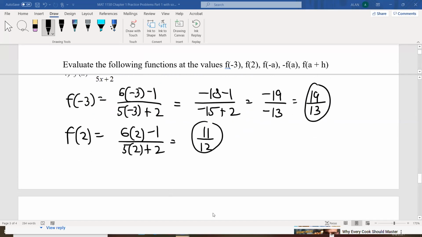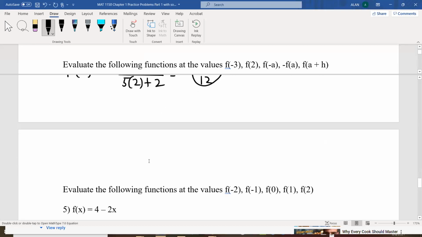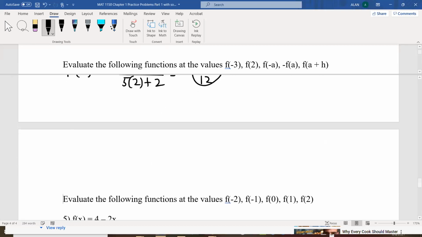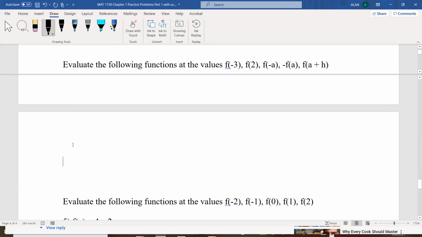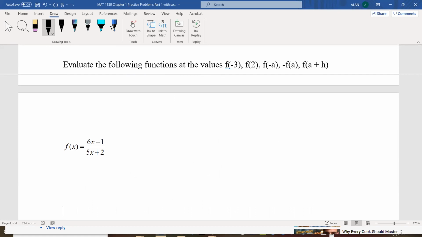All right. I have to be careful with this one. I'll tell you what, I'm just going to copy this onto the next page. Again, we do not want to be scrolling back and forth. So this time we're looking for f of -a.